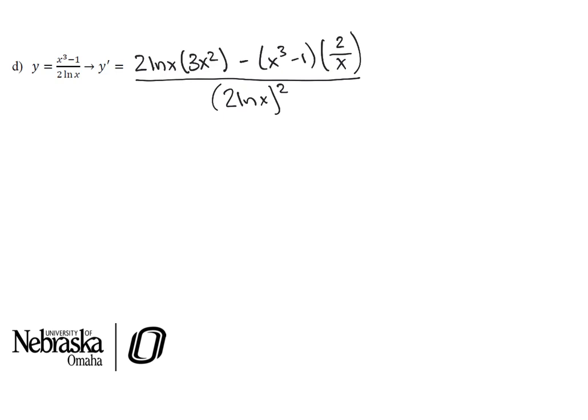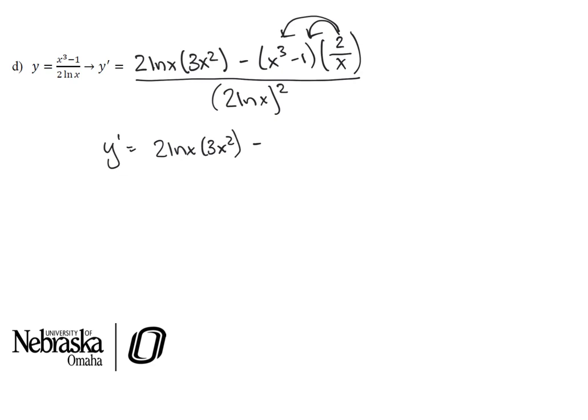Okay. Now we want to, again, do the same thing we did in the last problem. In our second portion, we are going to distribute this 2 over x to each term. We could also distribute that negative. You can do it in 1 step or 2 steps. I'm going to do it in 1 step.